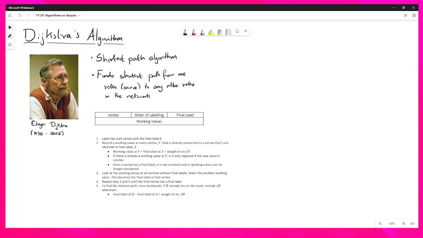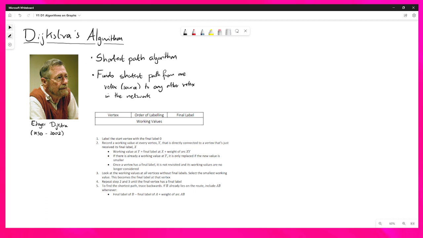The important thing is when you write things down. So if we're on vertex X and we are looking at vertex Y, the working value we write down is going to be the final label at X plus the weight of the arc that joins the two vertices together. If the working values table is blank, then you just write the number down. But if there are numbers already there, we need to check.